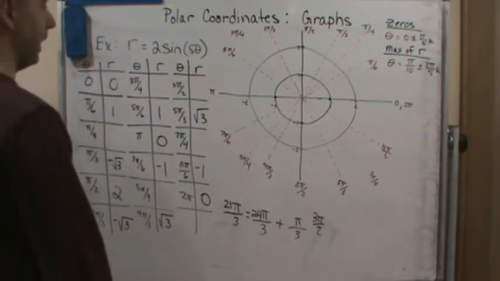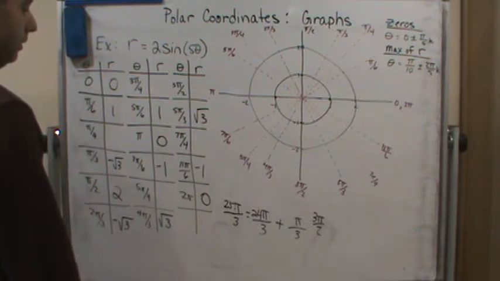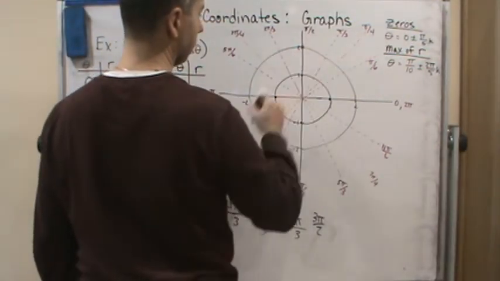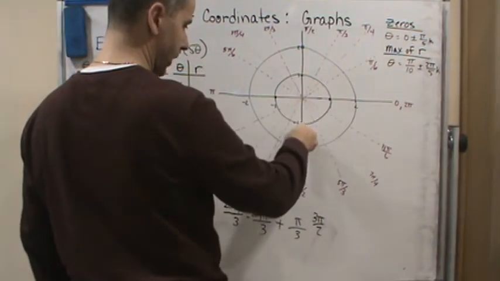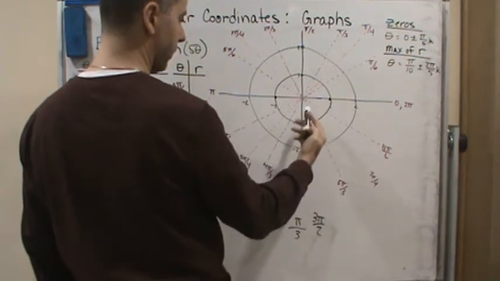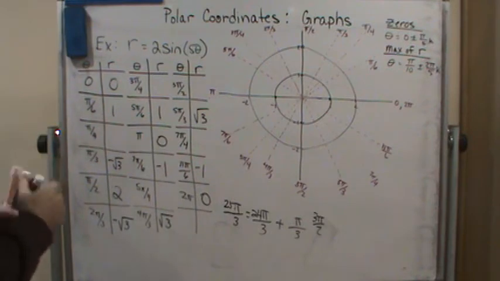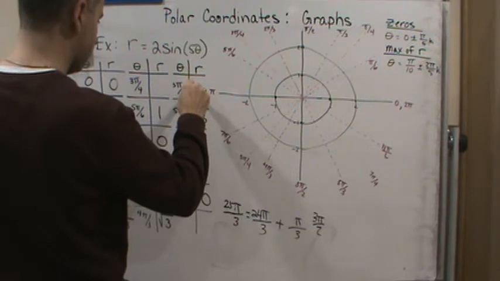The sine of 3 pi over 2 is negative 1, so it's negative 2. So I end up back on here. Because it's going to be negative 2, so I'm going to be facing this way, but negative 2 means I'm going to flip it 180 degrees, so I end up back on that dot. So this is going to be negative 2.